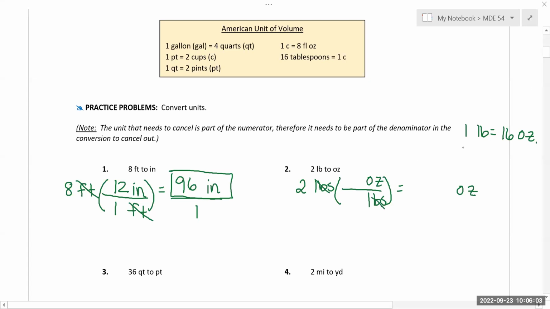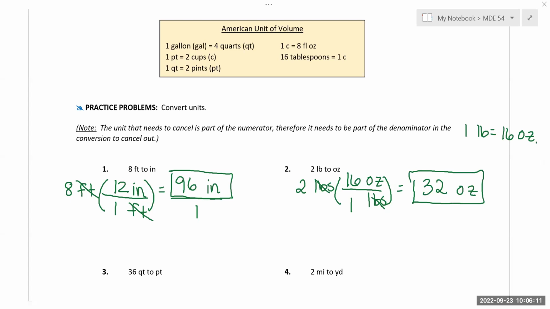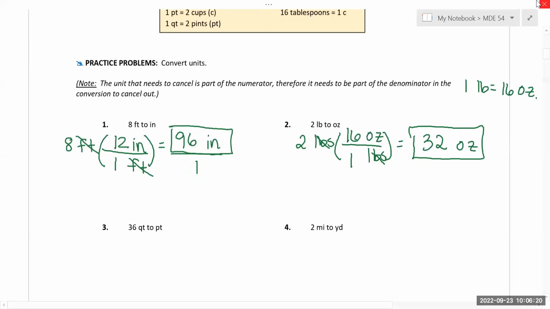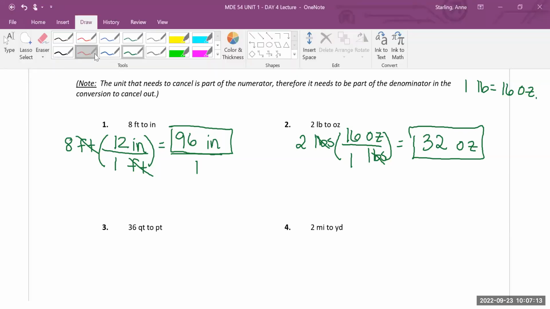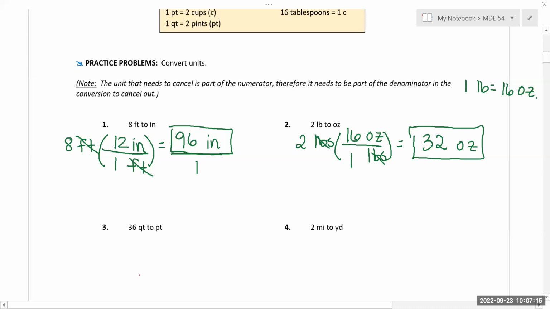So I'm going to write this however it makes sense. 16 over 1 and get 32 ounces. So I'm now multiplying straight across 2 times 16. And then you would continue to do that for question 3 and 4. So go ahead and try those and then come back to the video.